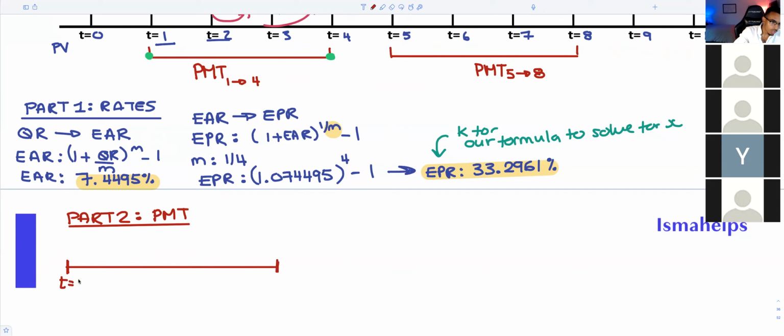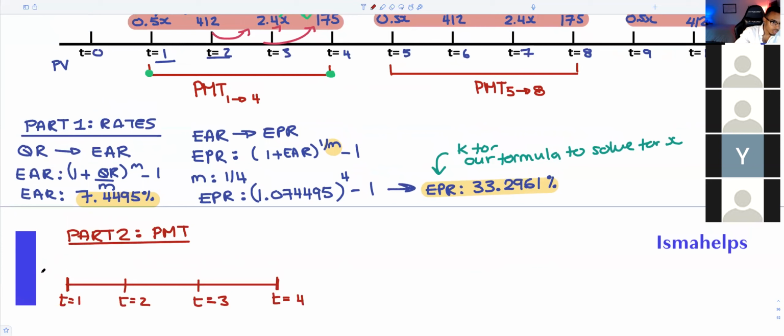So we could say that we have T1, T2, T3, and T4, at which we know that we're going to have essentially 0.5x, 412, 2.4x, and 175.